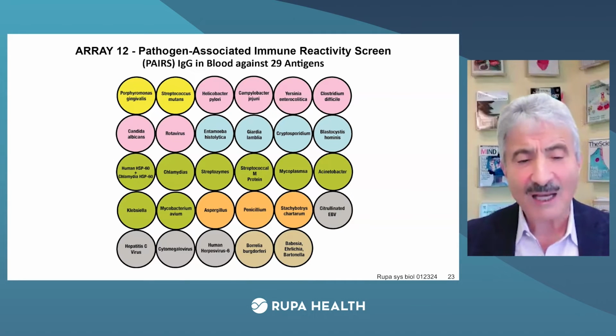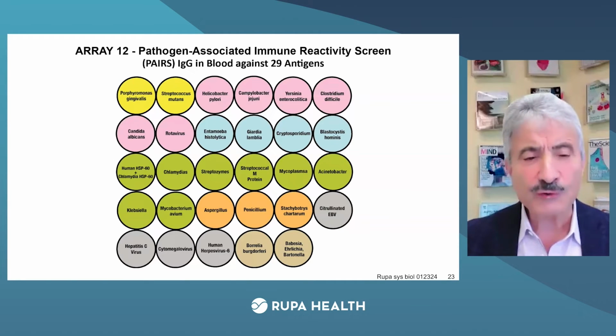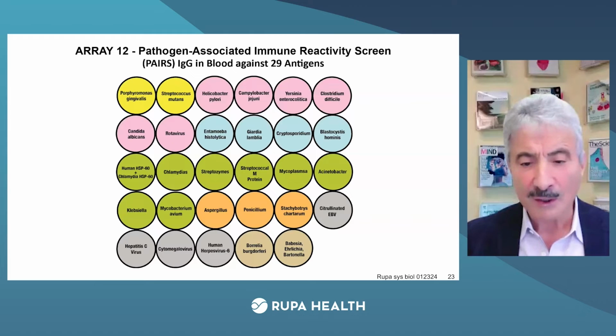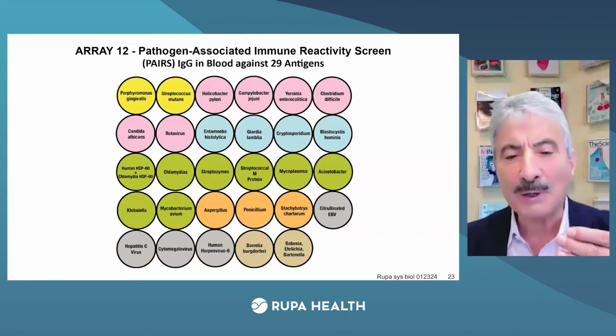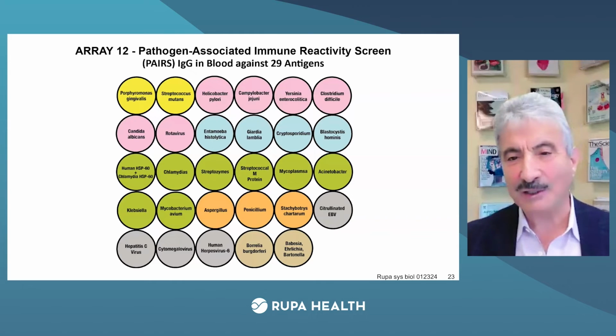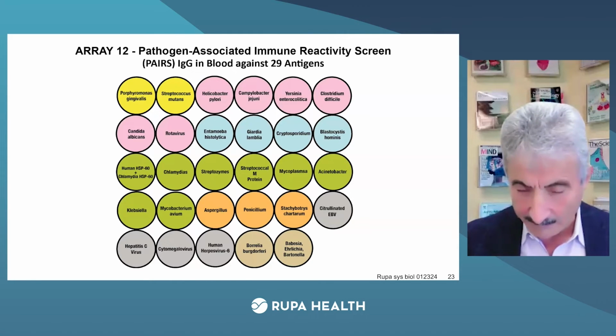All of these have the capacity to induce autoimmune disease in humans. And therefore, it is important to measure antibodies against the repertoire of infectious agents and their antigens shown in here.